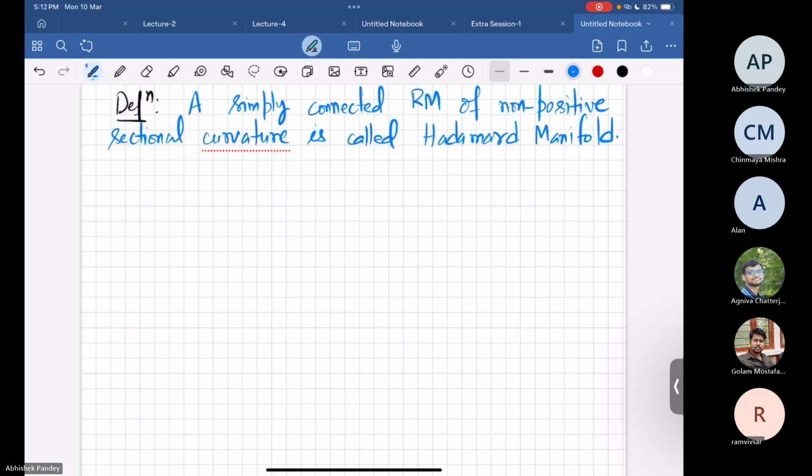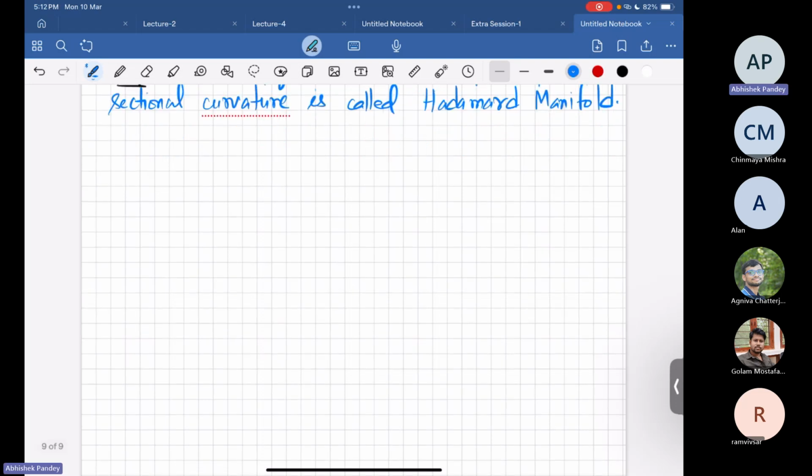And by this, every Hadamard manifold is a CAT(0) space. In fact, a Riemannian manifold is a Hadamard manifold if and only if it is CAT(0). So every Hadamard manifold is CAT(0).